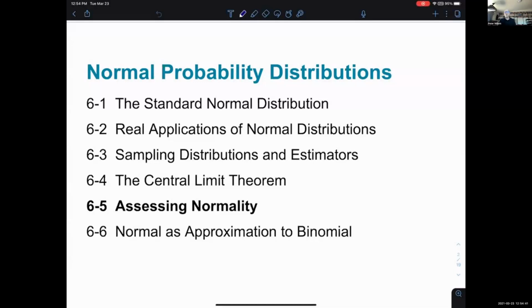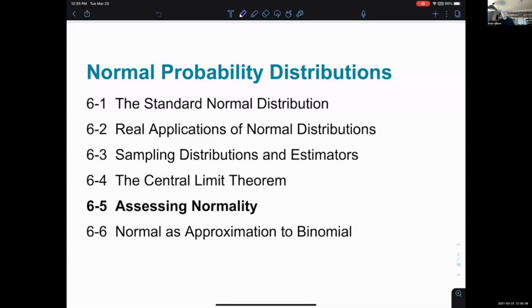And then in 6.4, we have the central limit theorem, which basically says that when you do that, you can do the same thing we did for individuals in the population, seeing how extreme a value is, but with sampling distributions. I will have posted the video for the 6.4 introduction by tonight.